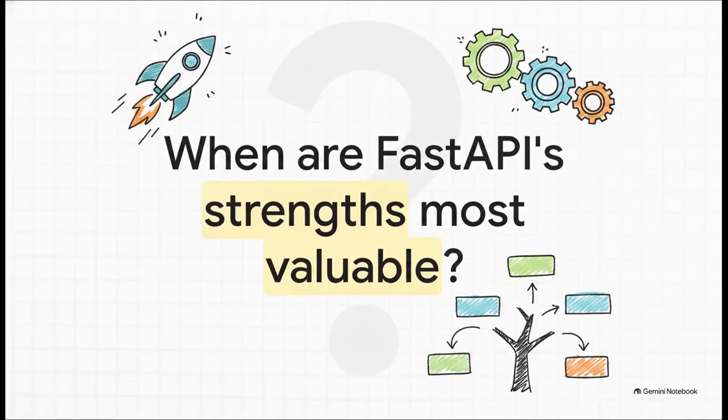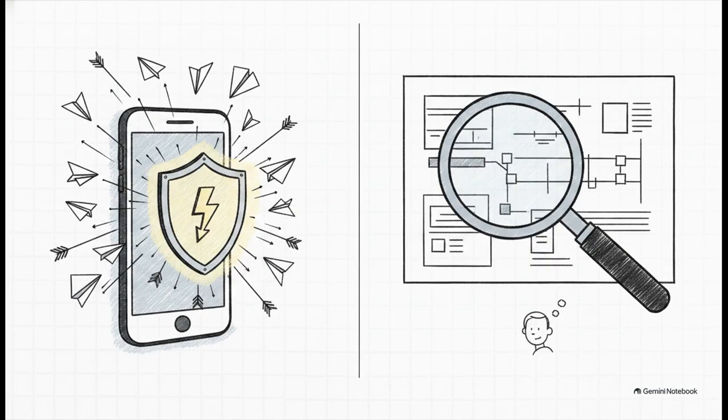Let's pull this all together in Section 5, a real-world application. Here's the big question for you. When do FastAPI's specific strengths become most immediately valuable in practice? Like, when would you actually want to choose this over something else for your next big project? The perfect example? A mobile app backend. Imagine you're building the backend infrastructure for a new mobile app. You already know you're going to have a massive volume of simultaneous incoming requests from users.